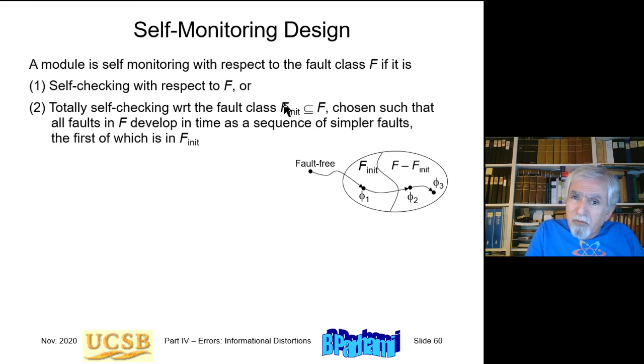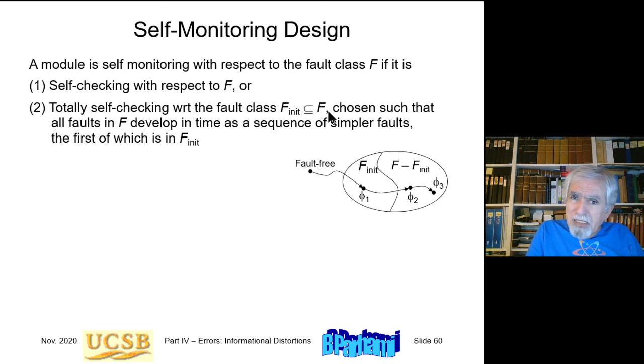And this small fault class is chosen so that all faults in F develop in time as a sequence of simpler faults, the first of which is in this F init, initial set of faults. For example, these initial set of faults can be single stuck-at faults. This can be a more extensive set of faults.